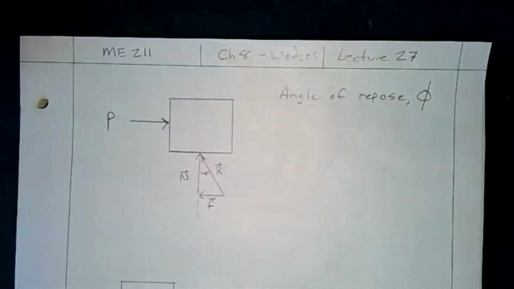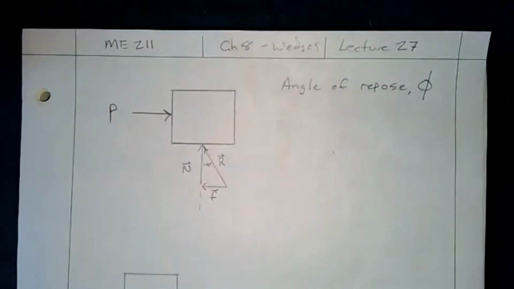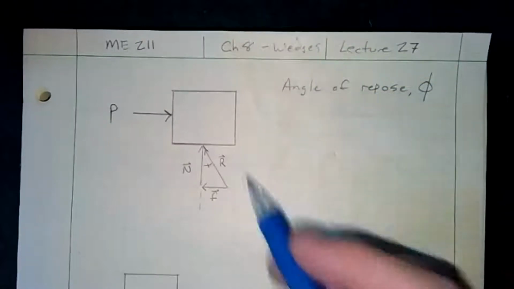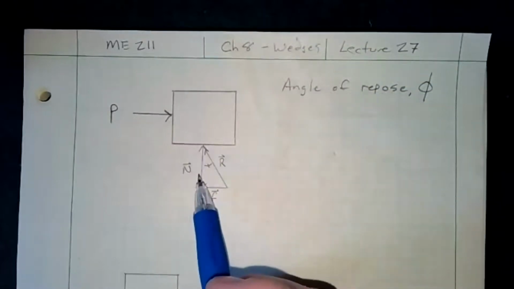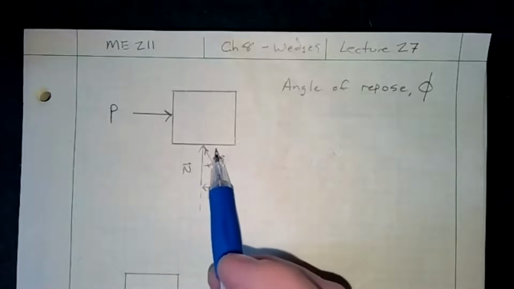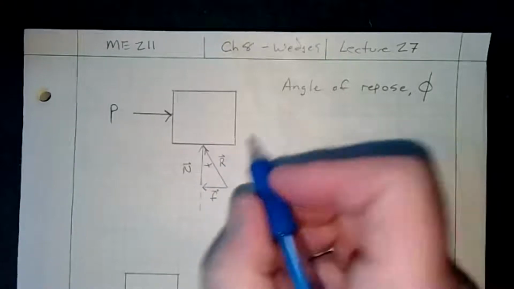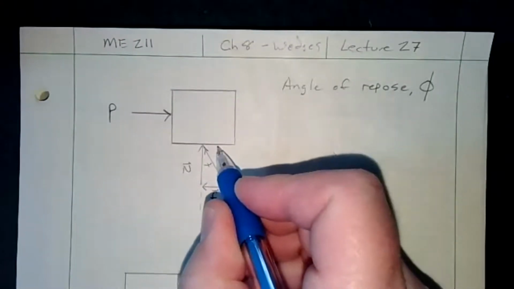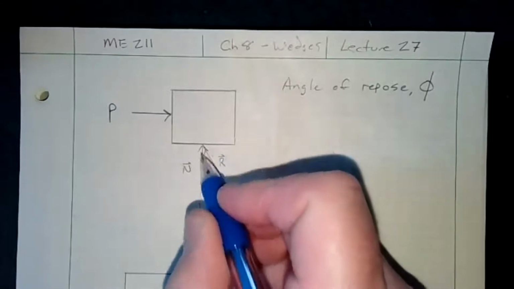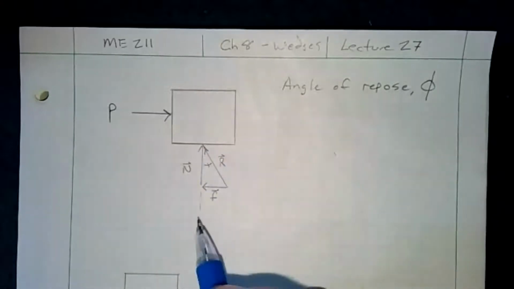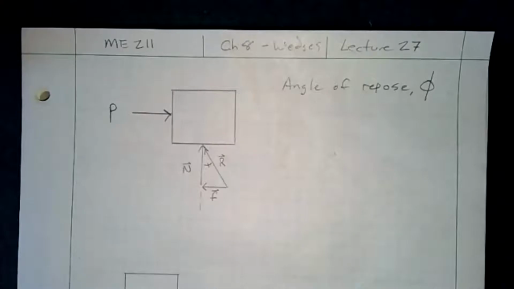So here we have our box, and let's say we apply a load P going that direction. Now, what we've talked about so far is that the friction force is generally drawn as a vector going in the opposite direction, so going to the left, and you have a normal force going up. Normally those are the only two things that are there.